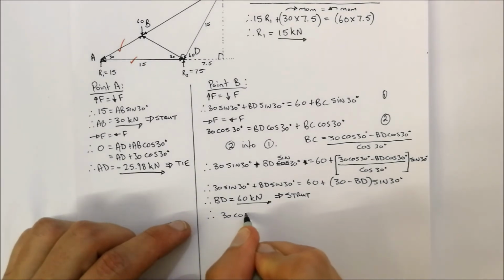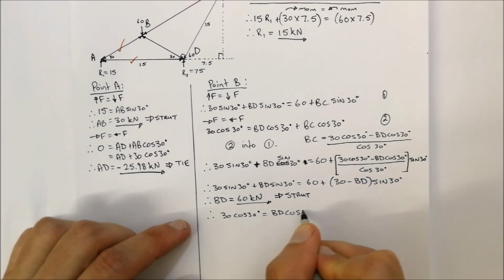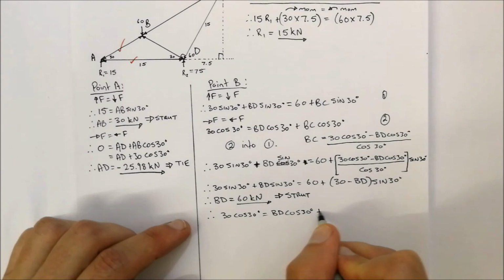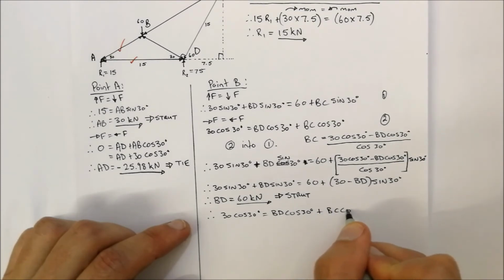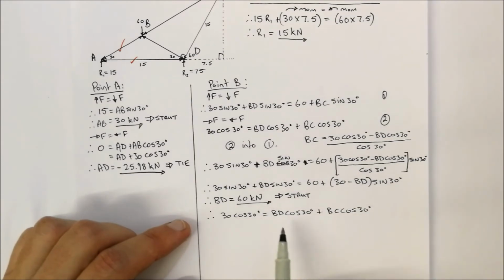30 cos 30 degrees is equal to BD cos 30 degrees plus BC cos 30 degrees. Okay, and we know that BD is 60 kilonewtons.